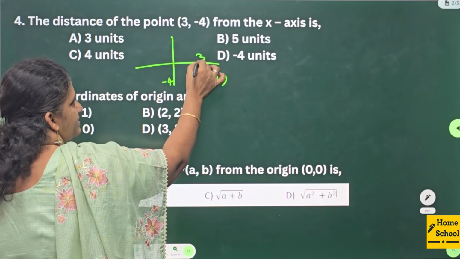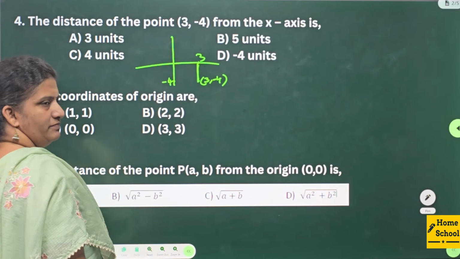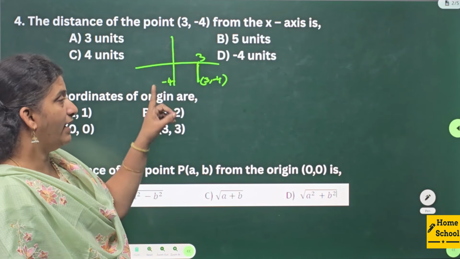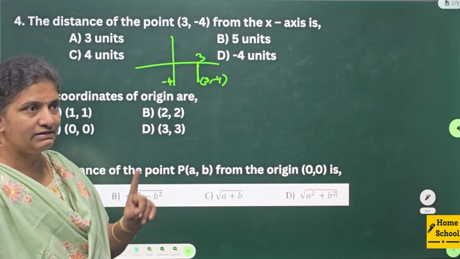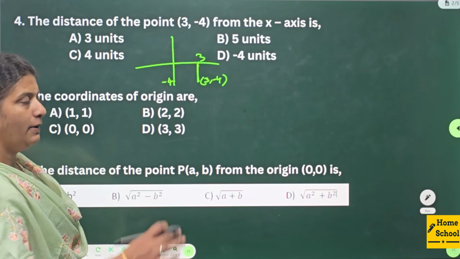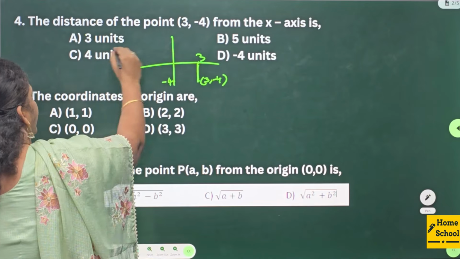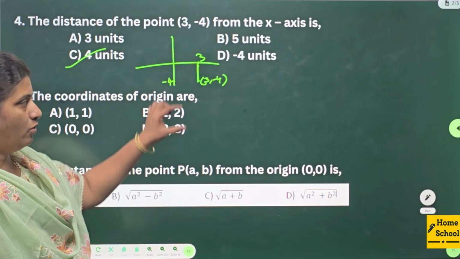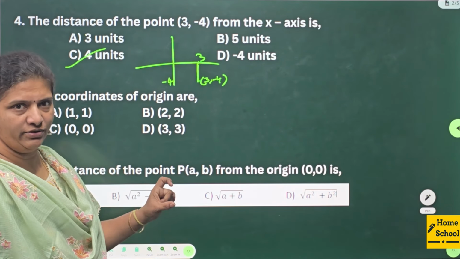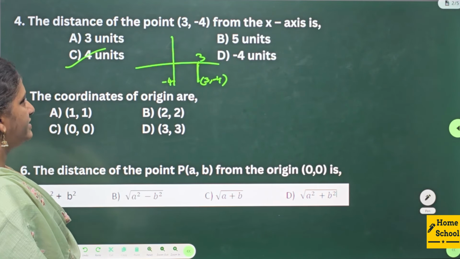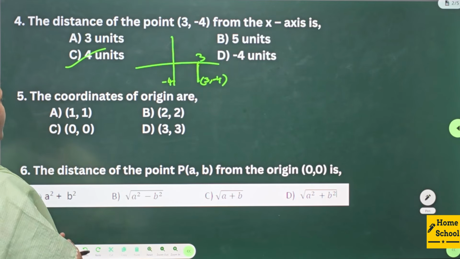From x-axis means this distance you need. So what do we need to write? Don't write minus 4 units. This is the negative scale, that's it. The distance is only 4 units. Only 4 units you need to write. Don't write minus 4 units. Is this clear? Your answer is option C, 4 units.